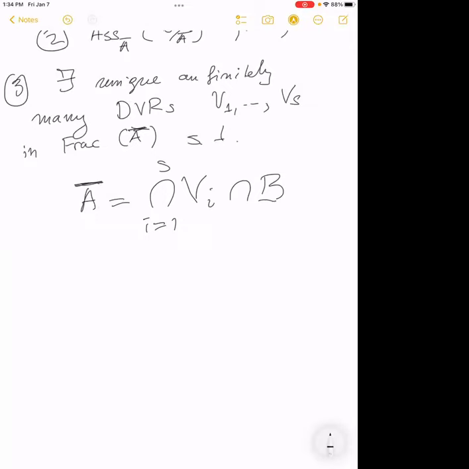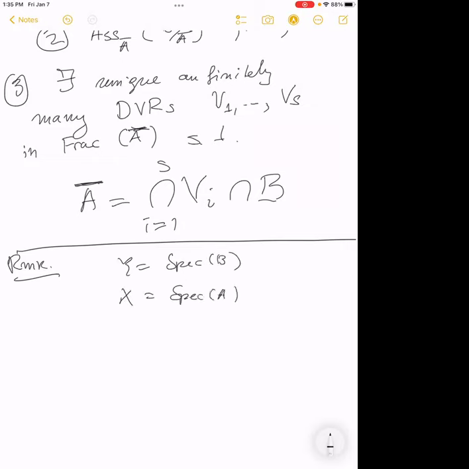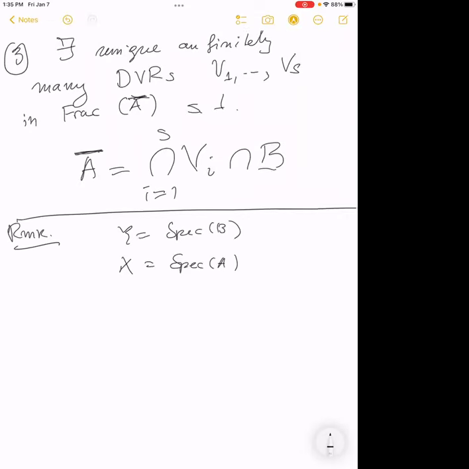So I just want to remark here that, well, suppose that we are in this situation where we have Y equals spec of B, X is spec of A, and suppose Y over to X is birational.